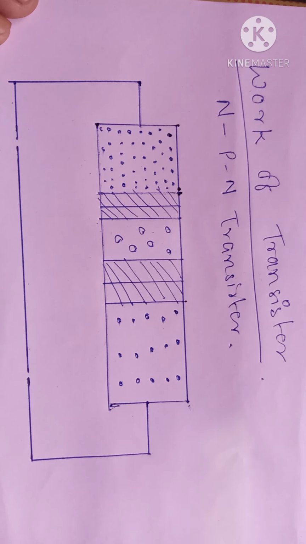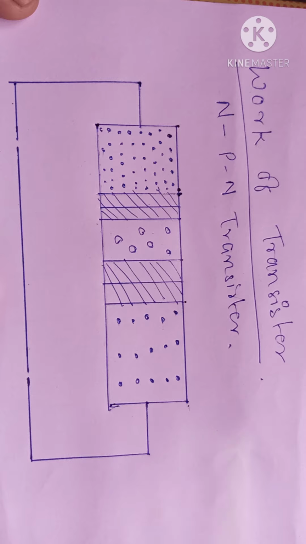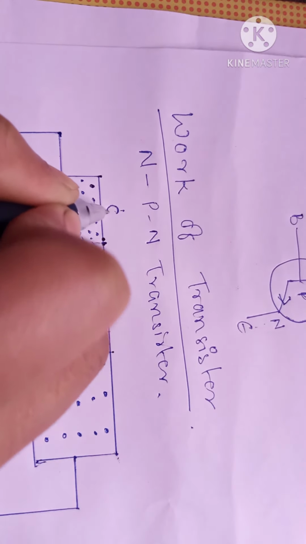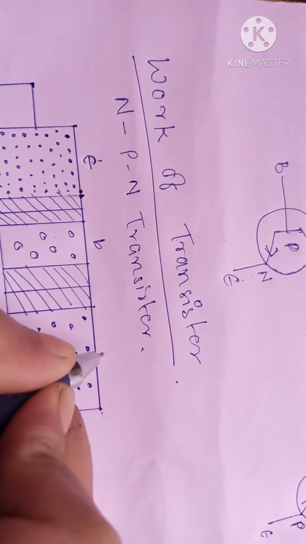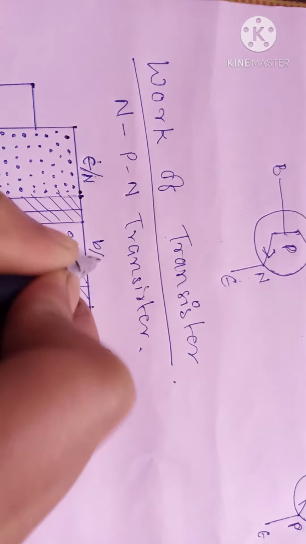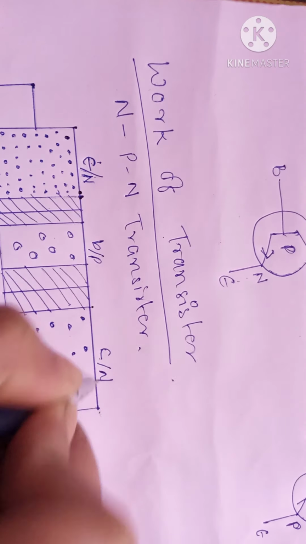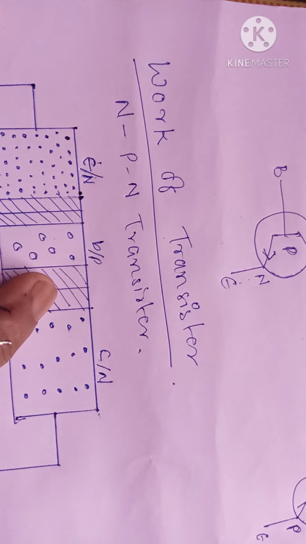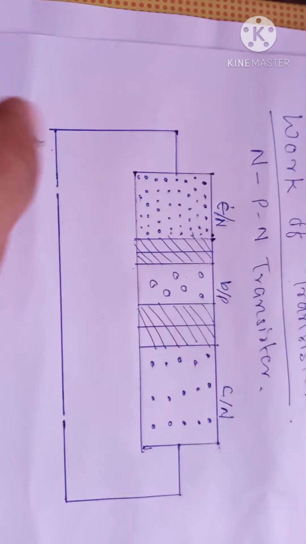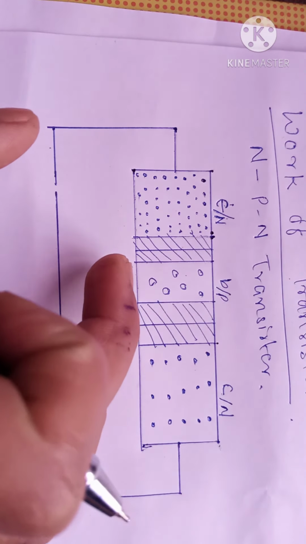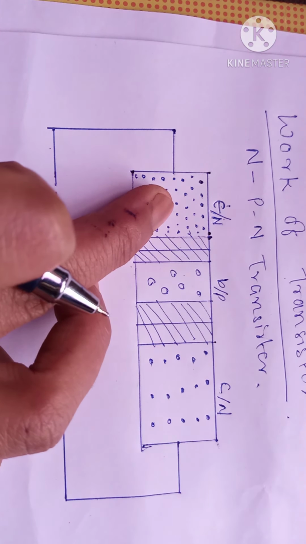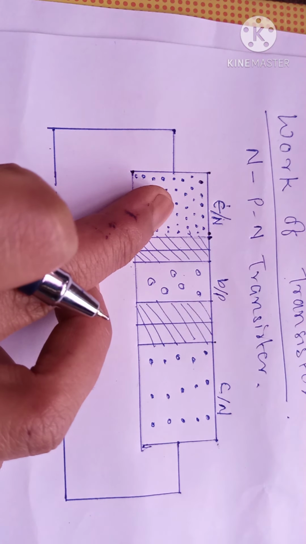Now the working of a transistor. Here is a simple diagram of an NPN transistor, with the emitter section, base section and collector section. At the emitter side, we should always connect it in forward bias mode.